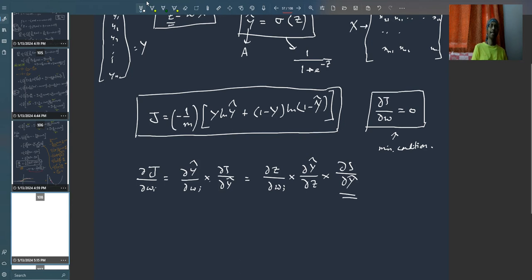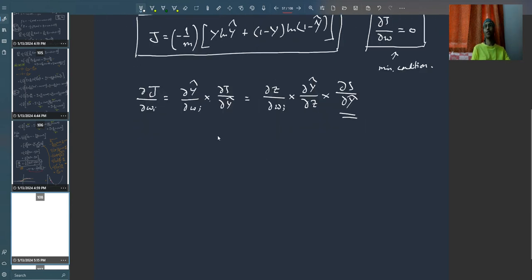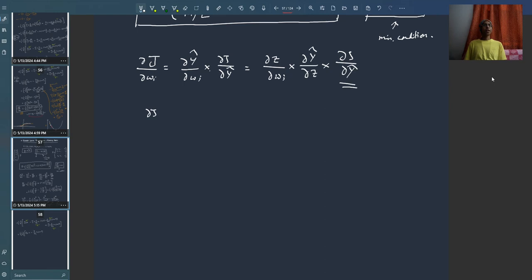First we find out del j del y hat, what that stands for. Del j del y hat is equal to del y hat of minus 1 by m multiplied by y log of y hat plus 1 minus y log of 1 minus y hat.